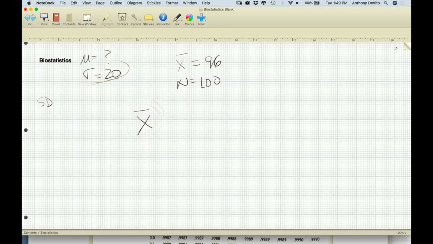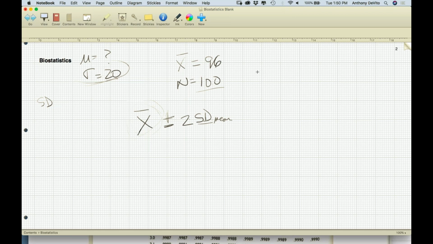But we're talking about the values for samples of size 100. So I'm going to add and subtract 2 standard deviations from what X bar is. But those standard deviations are standard deviations of the means, right? Repeated samples of size 100.